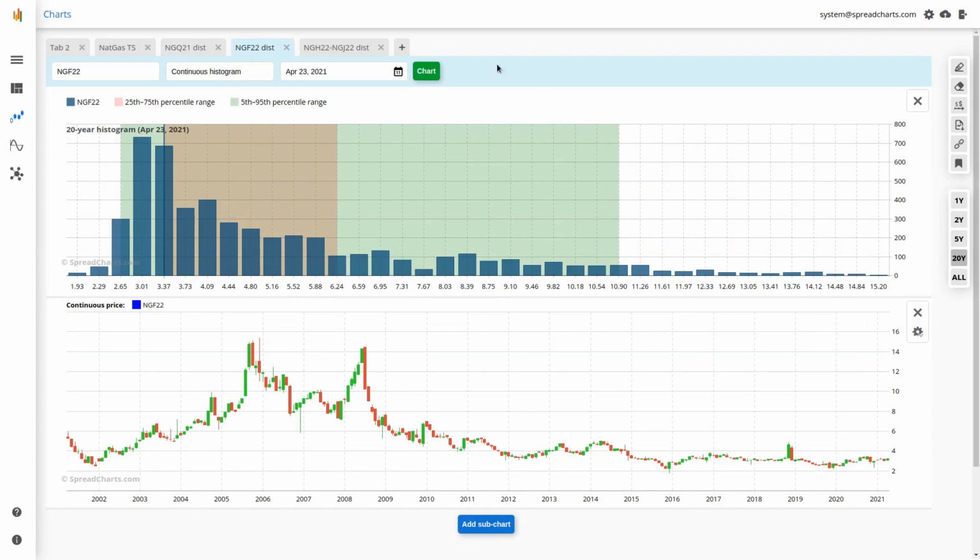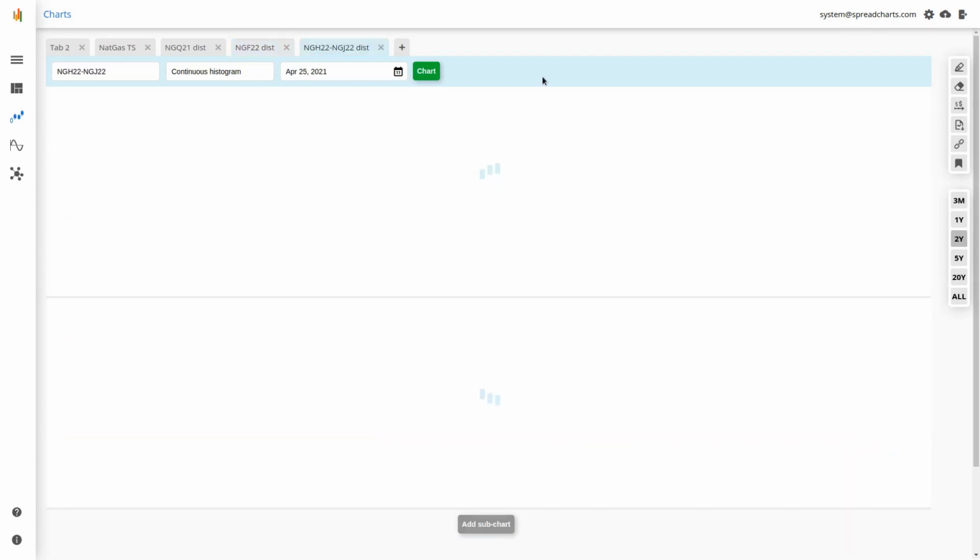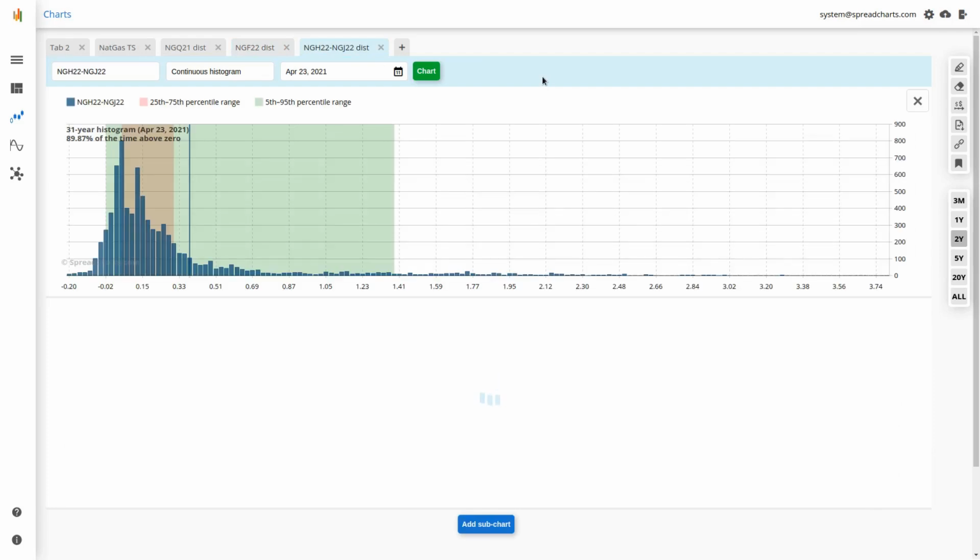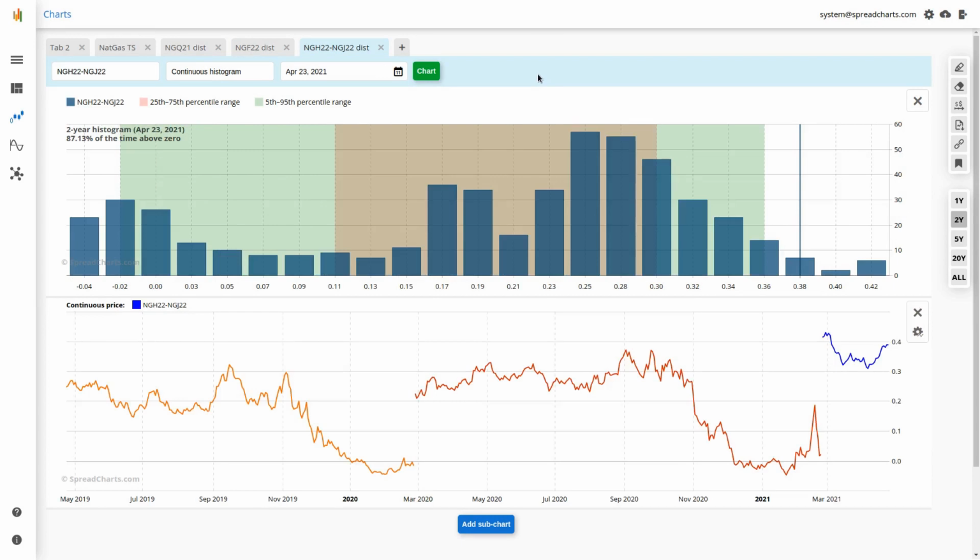The third chart is the so-called Widowmaker spread. It's called Widowmaker because it's very risky, very volatile. It's the spread between the last winter season expiration and the first off-season expiration. That's the reason why it is so volatile, because as I told you, it's more like a spread between two different commodities. And I tend to use spreads in general for valuation analysis because, unlike the underlying, they are mean reverting.